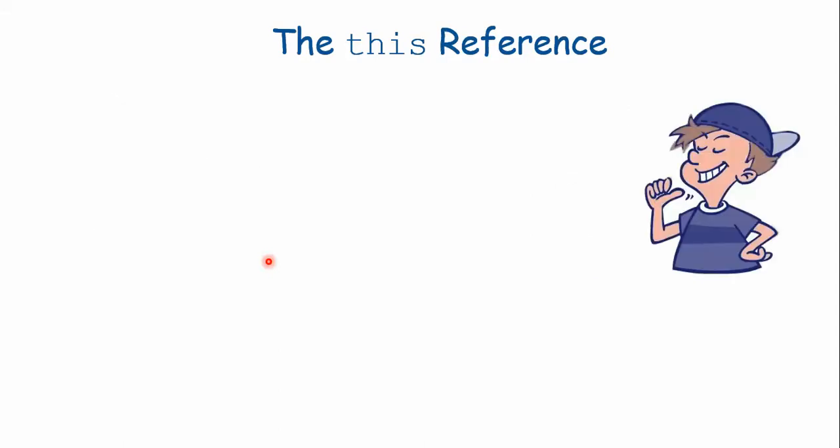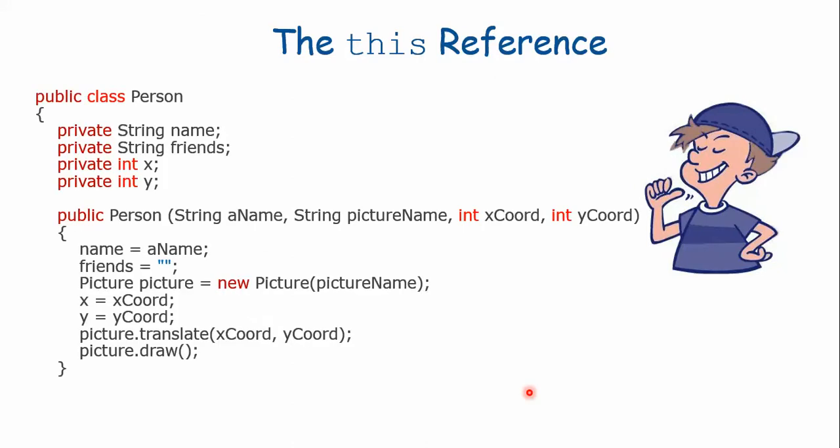Okay, let us take an exercise. Let us say this is a person class with a little more information than our previous slide. So here we have the parameters name, picture name, x coordinate and y coordinate.